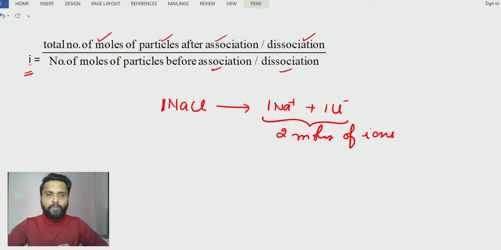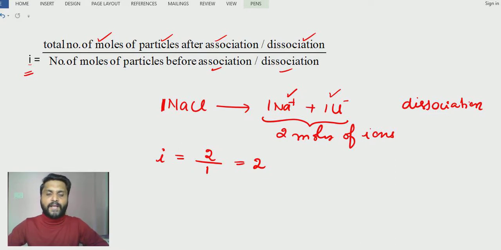We think 1 mole is dissolved, but particles produced are 2 moles here. So how to calculate i value? See here the ions are separated. This is called the dissociation process, the salt undergoing dissociation or ionization. So the number of particles after dissociation is 2, divided by the initial 1. So i is equal to 2.